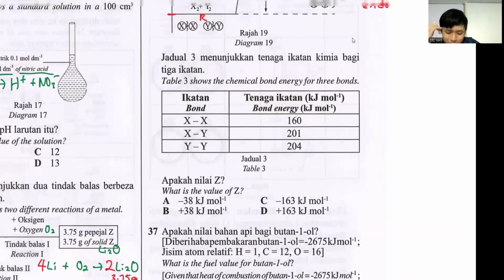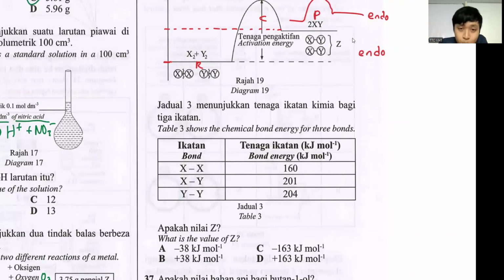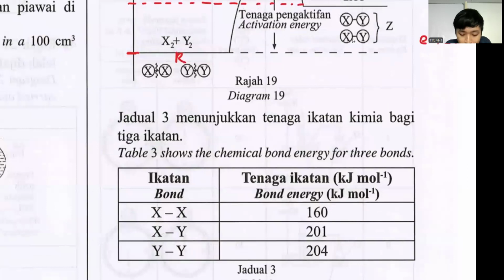Okay, this part is bond energy. You see X2 plus Y2. They told you one XX bond is 160 kilojoule per mole, and here we only got one, so this is 160. The YY bond, Y2 is the YY bond, right?